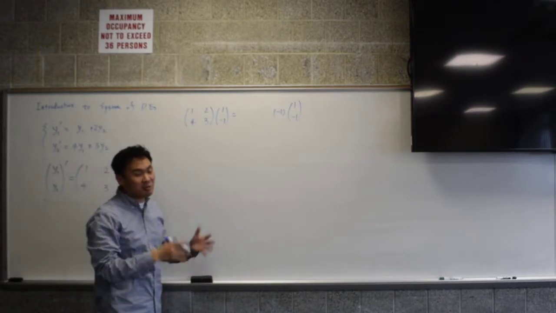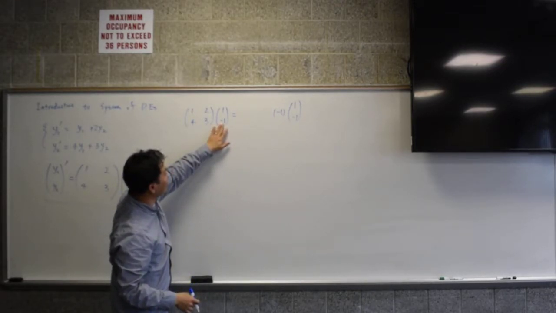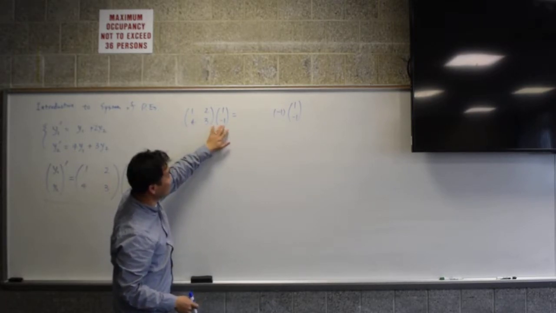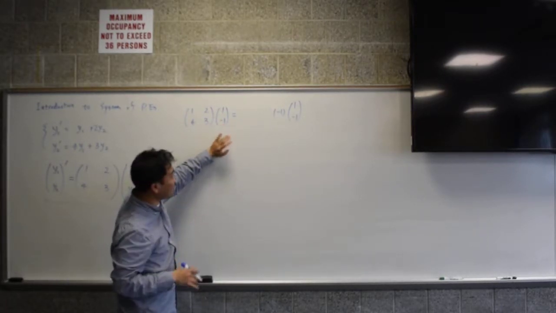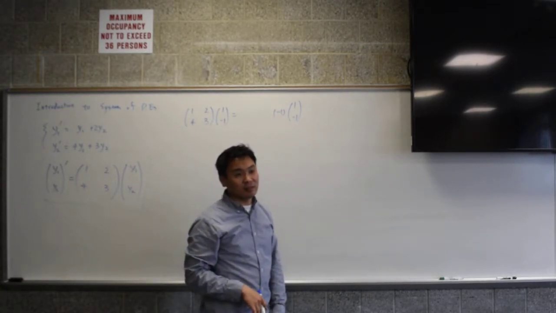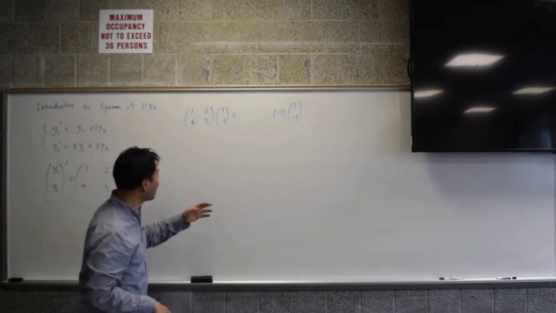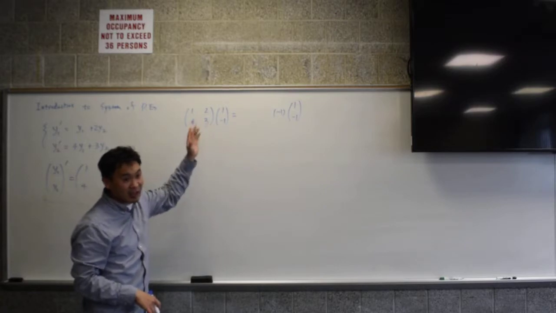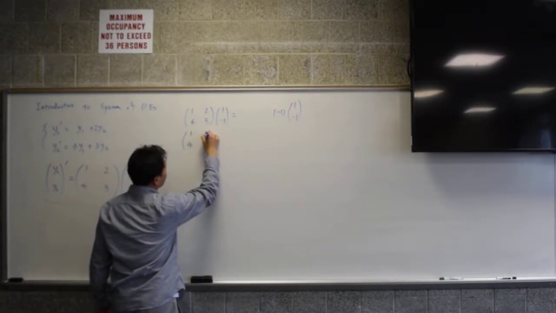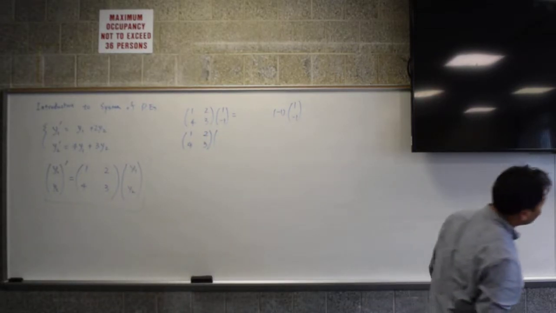Why am I saying this is magic? I have this vector 1 comma negative 1. Multiplying this matrix to this column vector has the same effect as just multiplying negative 1 to this vector. Isn't that amazing? Usually it doesn't happen that way, but for this specific vector, it does. Here's another nice vector associated with this matrix. You can choose 1 and 2.